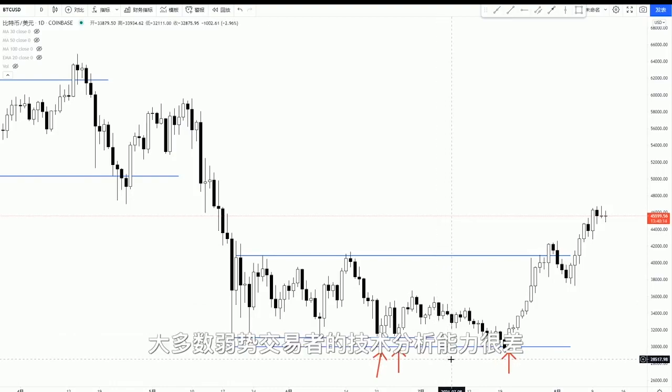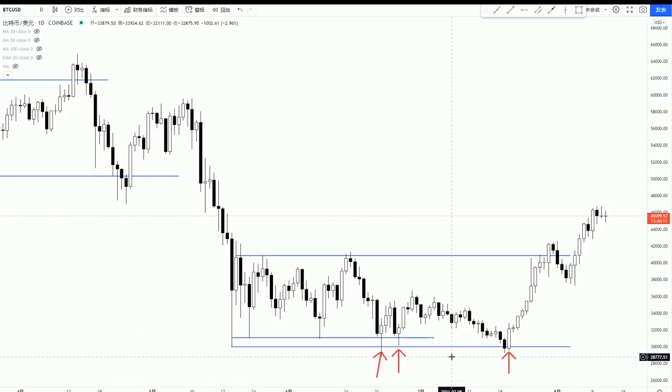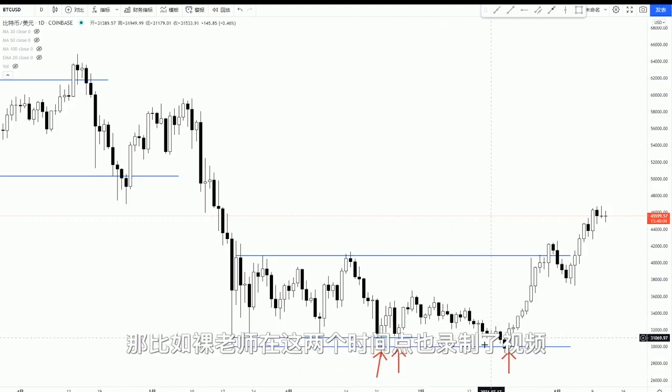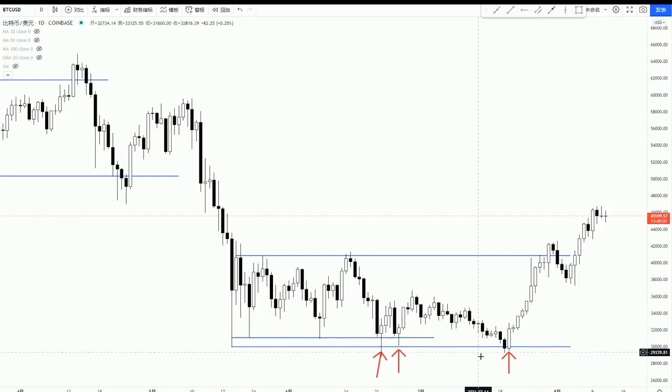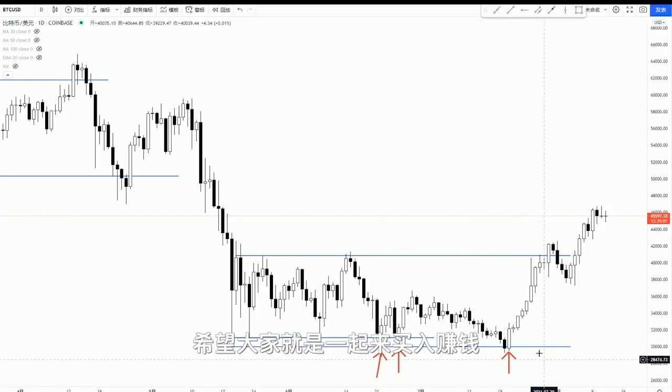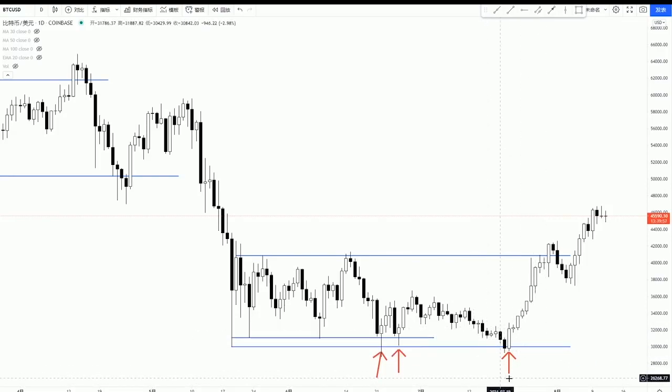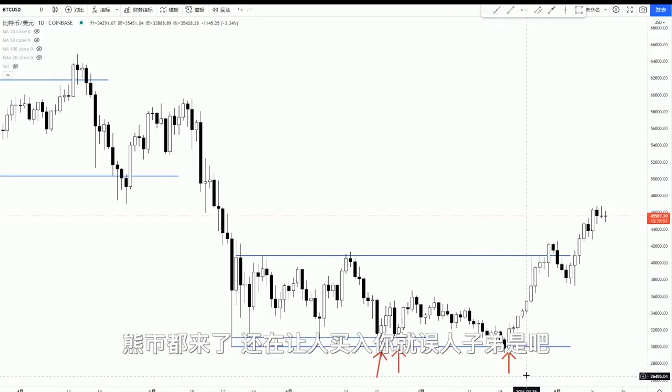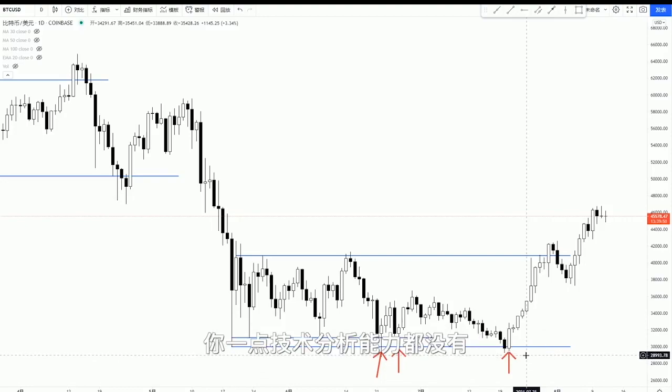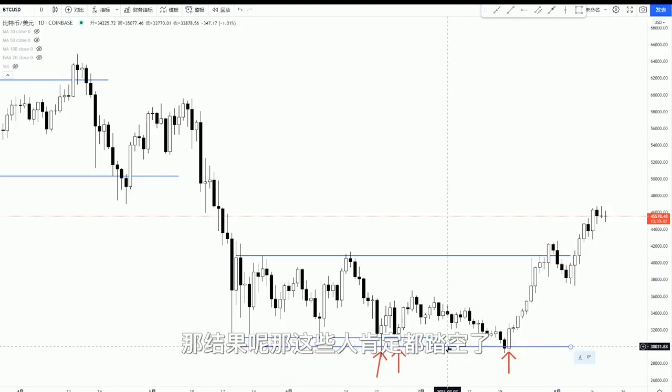Then why do they not dare to go long in these positions? Because first, they cannot recognize this as a long pattern. They do not understand technical analysis. They do not understand that a false break at the bottom of the range is a long entry form. Most weak traders' technical analysis ability is very poor.